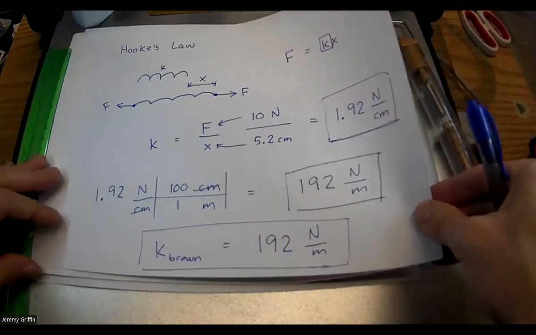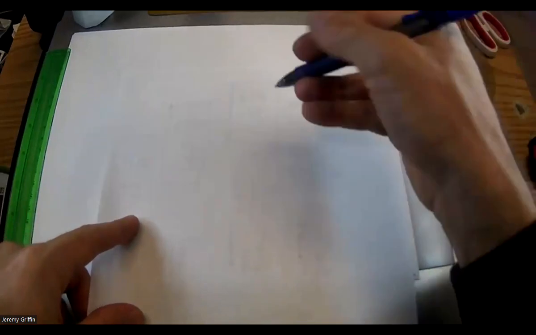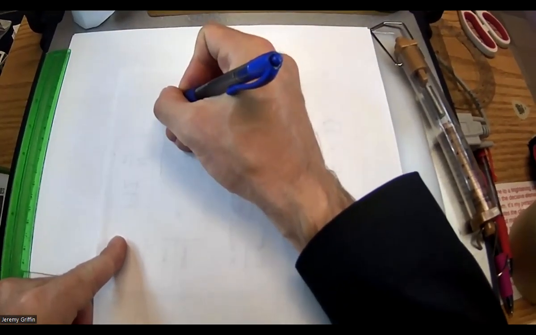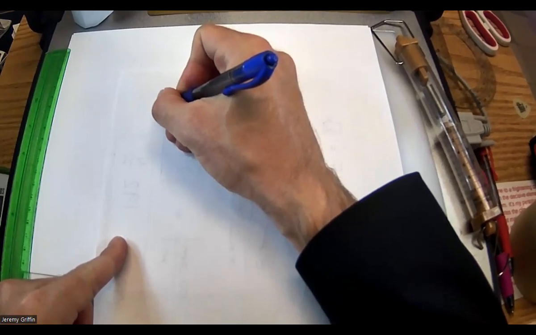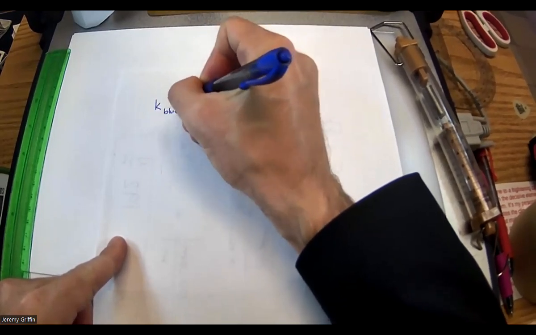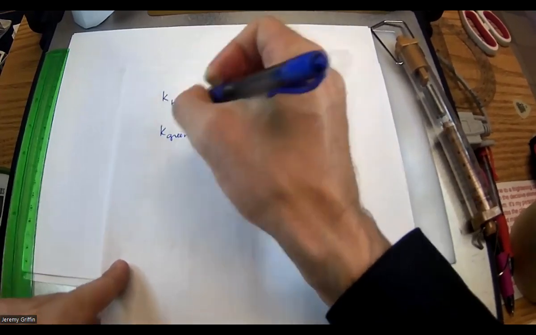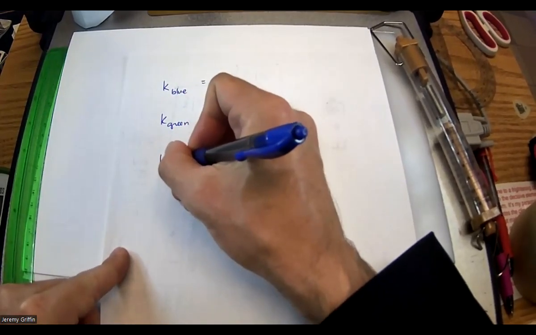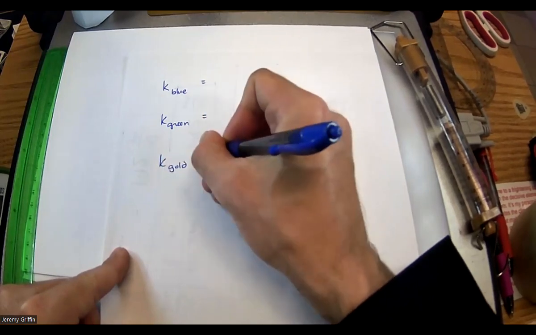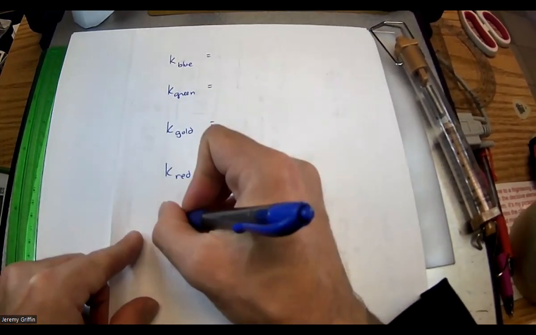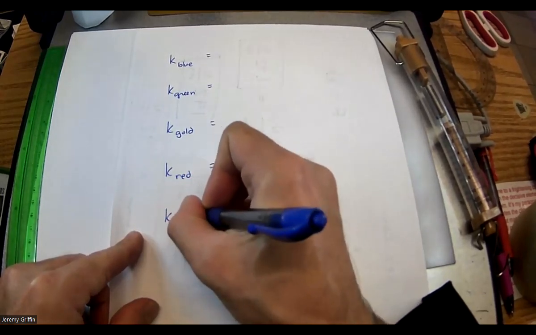Now, I'm wondering from you guys, do you have some spring scales at your desk? Okay, well, let's get a few of these. Here are some opportunities. I know there's a blue scale out there, a green scale, a gold scale, a red scale, and a white scale.